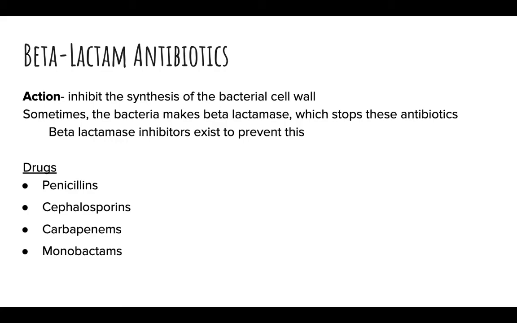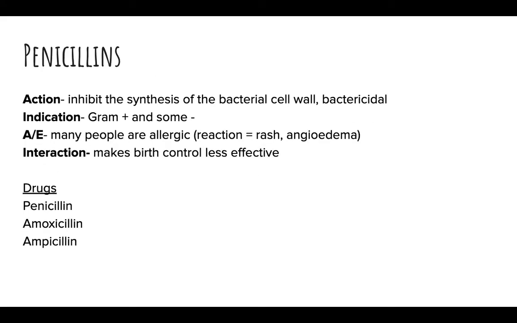So beta-lactamase kills these beta-lactam antibiotics. So the genius scientists have made a beta-lactamase inhibitor. It's like a little strong army to go with the antibiotic to prevent that. So that's kind of how they've overcome drug resistance in one case.